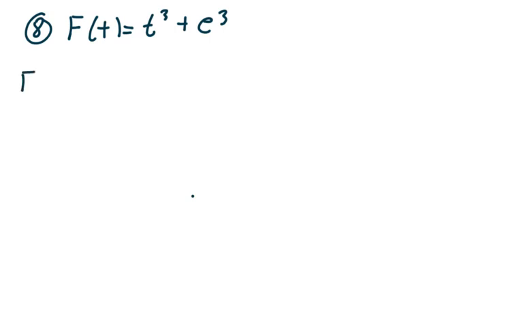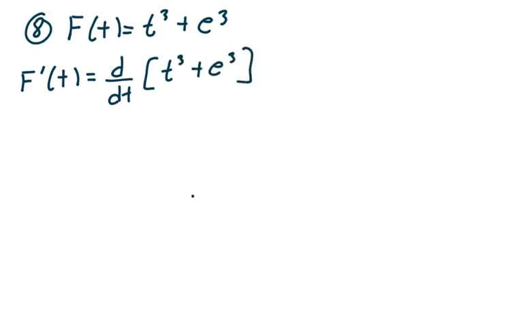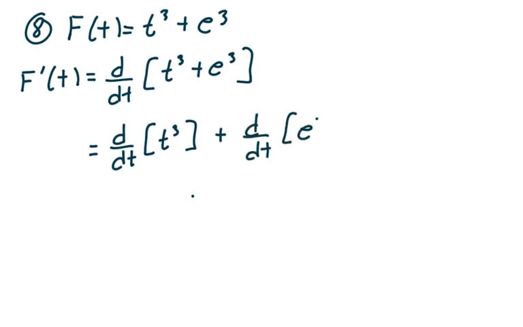Now, when I want f prime of t, this is the derivative of t cubed plus e cubed with respect to t. But the derivative of a sum is the sum of the derivatives. And so that allows me to take the derivative of t cubed with respect to t, and I'm going to add it to the derivative of e cubed with respect to t.